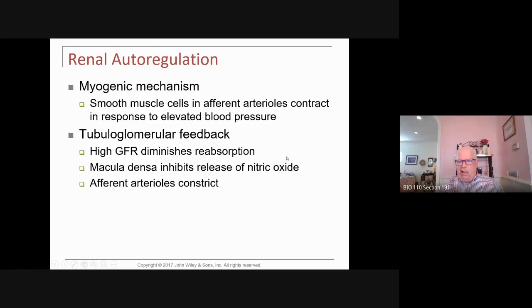Nitric oxide, when it is released, will dilate the arteries. And when the arteries are dilated, glomerular filtration will increase. When the arteries are constricted, glomerular filtration will decrease.